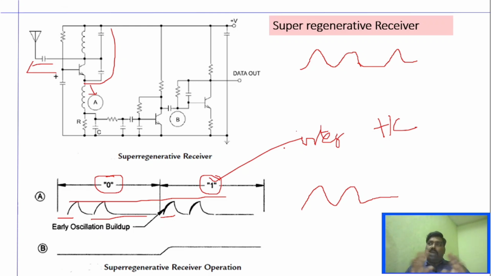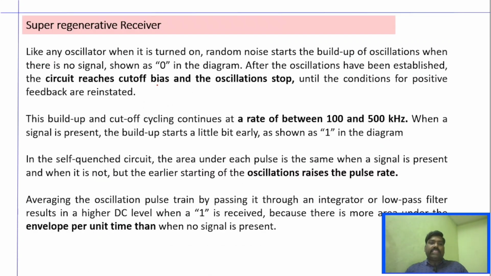Remember, the other operations, detecting and obtaining the original data, are the same as the previous receiver. The only thing is we are achieving higher sensitivity by giving a positive feedback at the input stage, which creates negative resistance and arrests the losses in the tuned circuit. So whatever I said, that is what I explained here.